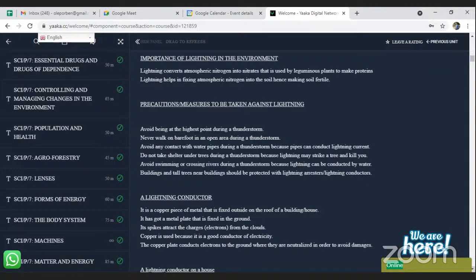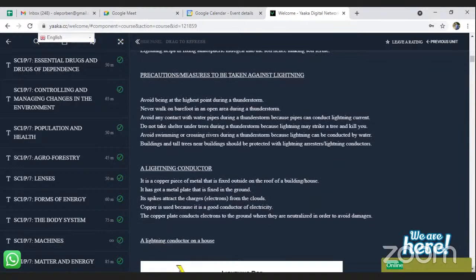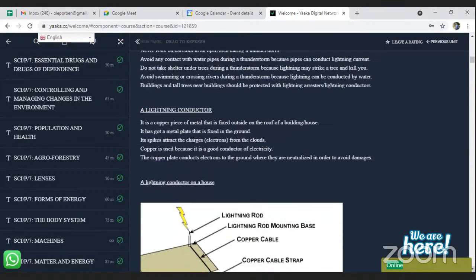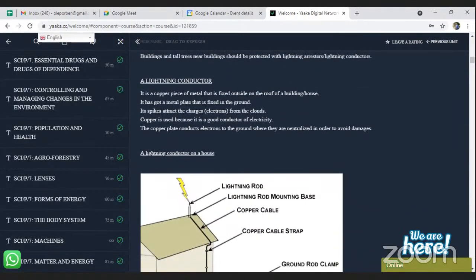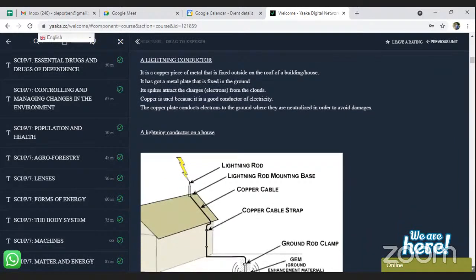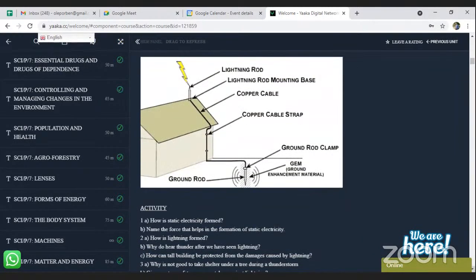So in fact, if you want to protect your building or your house against lightning, you must be able to put a lightning conductor on your building. Fix it on your building so that it will continue to arrest the lightning. So this is what we are talking about.